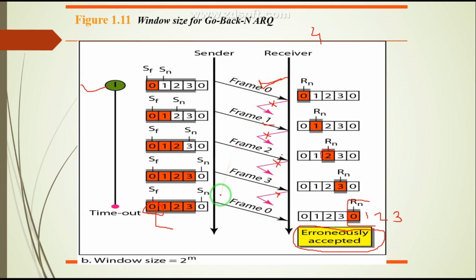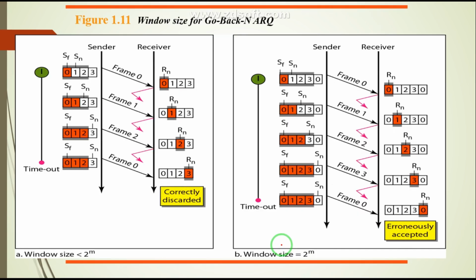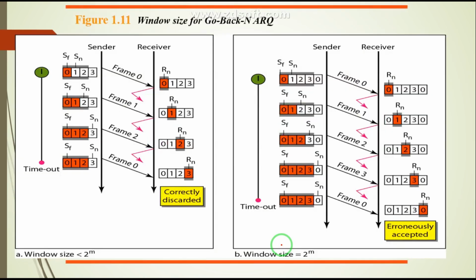So that's why the window size should not be equal to 2 raised to m. It must be less than 2 raised to m. Hope you got the answer. This is the example we have discussed of why the window size should be less than 2 raised to m and must not be equal to 2 raised to m.